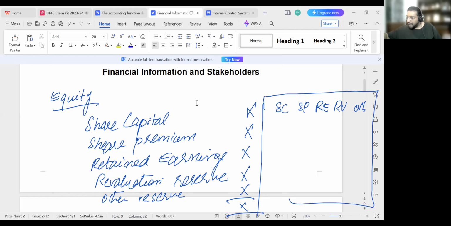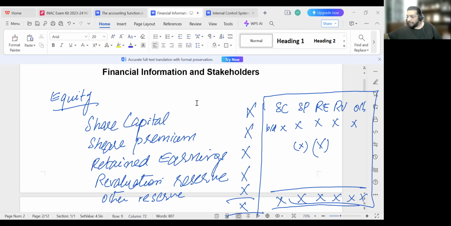And you start with an opening balance of each head. And during the year, if there are any changes, you would just make those changes, if there is any addition or subtraction, right? And you get the closing balance of each head. By the way, this is the closing balance which you have in your balance sheet here.